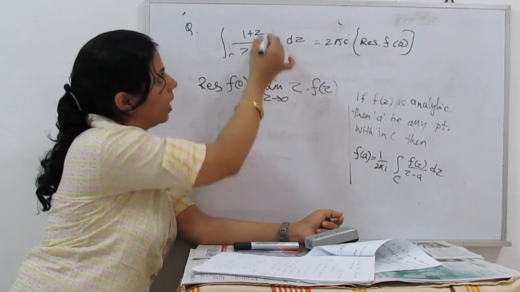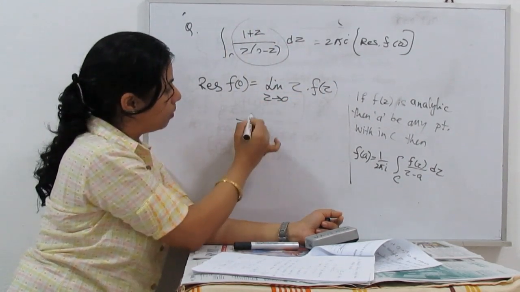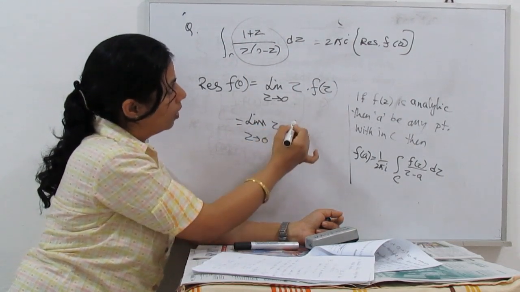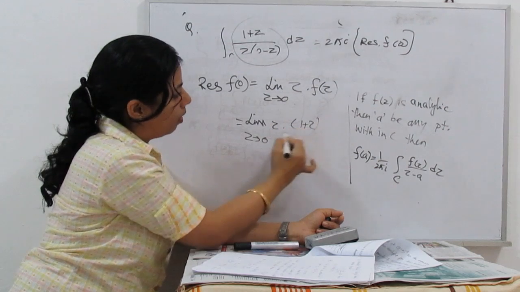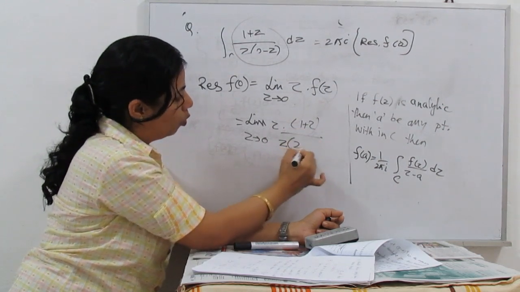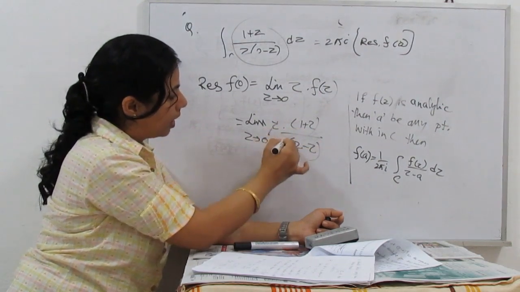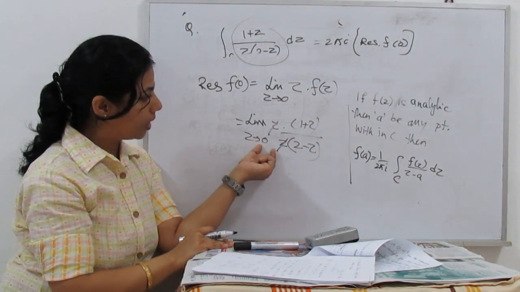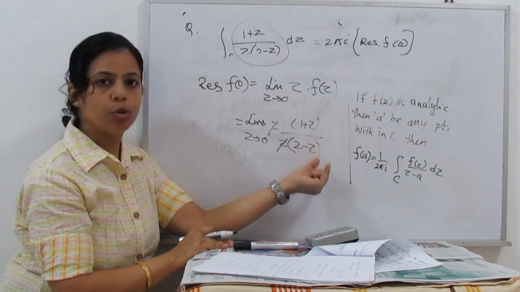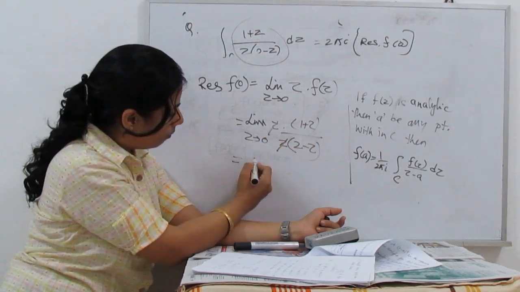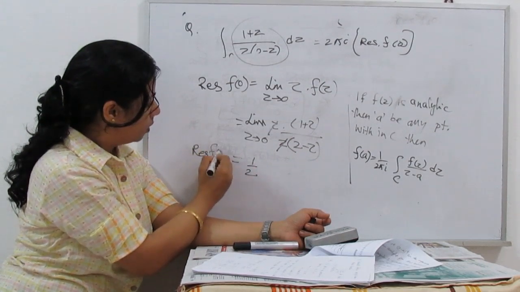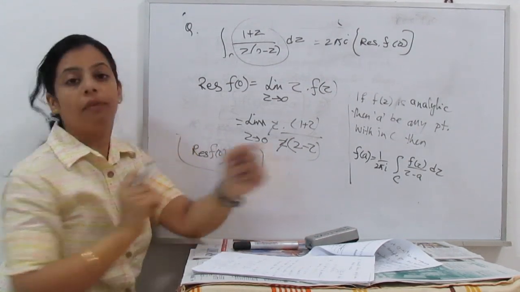I substitute here: limit z tends to 0 of z times (1 plus z) upon z(2 minus z). z cancels with the z. Now we apply the limit z tends to 0, and our result becomes 1 by 2. So the residue of f at 0 is given by 1 by 2.